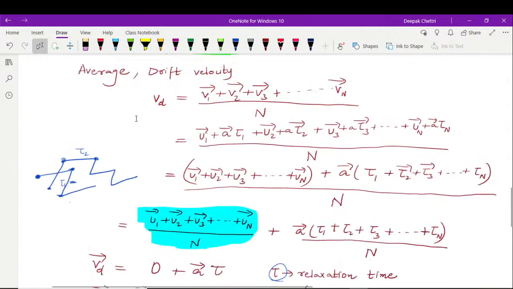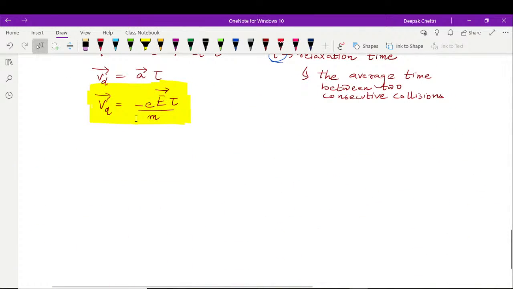Now if you put the values of the things that we know, the average value of Vd is found to be 10 to the power minus 4 meter per second. This is the average value of your drift velocity.